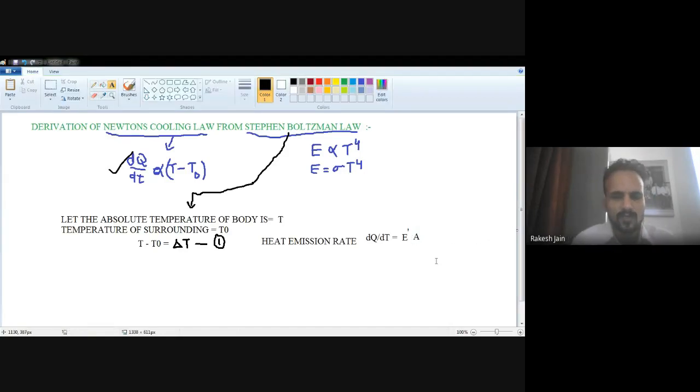That is actually the difference of emitted radiation from the body and emitted radiation from the surroundings.